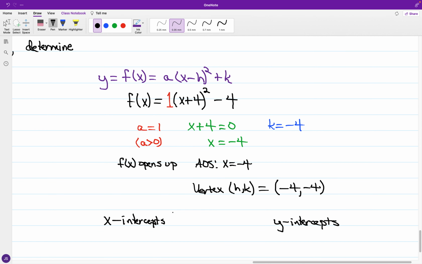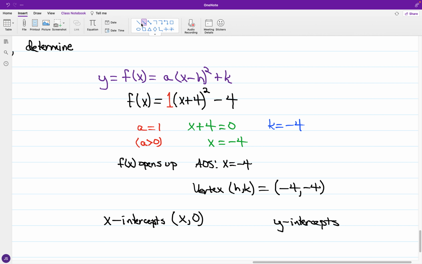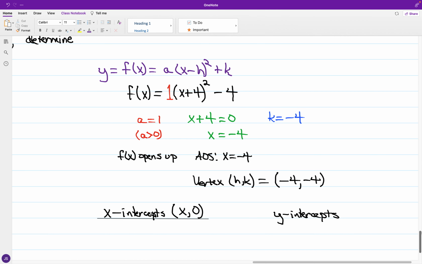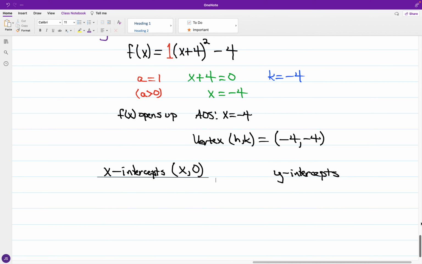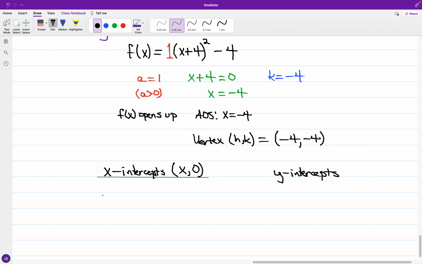For the x-intercepts, in coordinate fashion, we're looking at solving for x while setting y to 0. So you have y is equal to f of x, and again, that is equal to the square of x plus 4 minus 4.